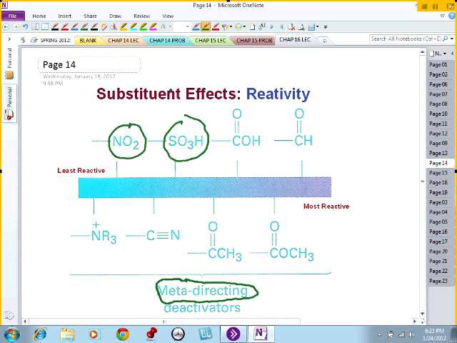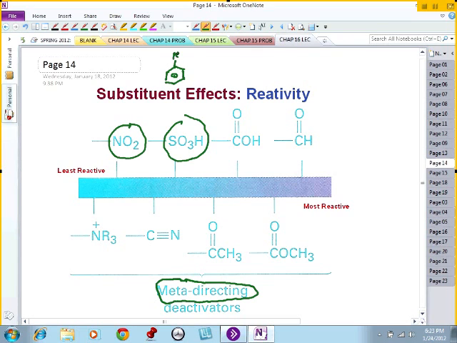Now, what do we mean by this? What this means is, they direct an incoming group to the meta position. Okay. Now, what do we mean by that?